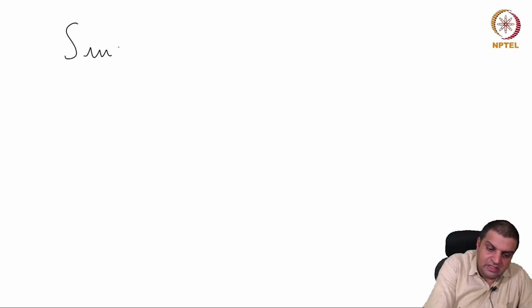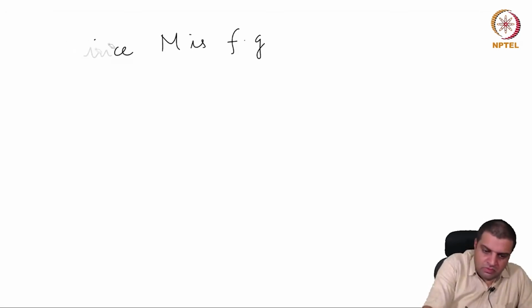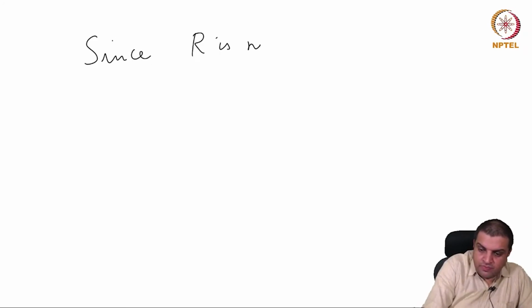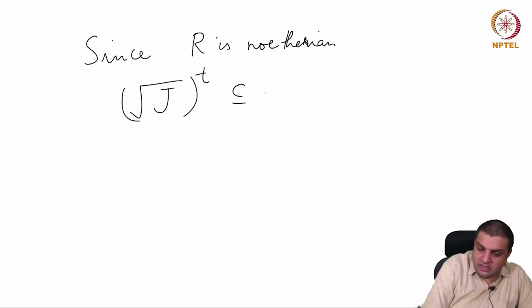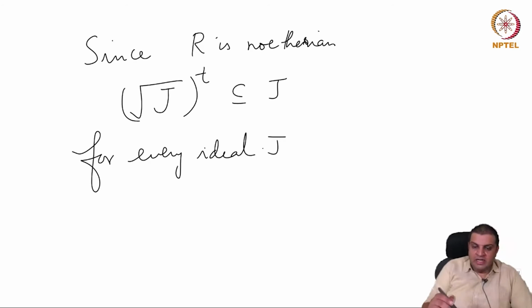Now we can observe the following. Since R is Noetherian, radical of J to the t is inside J for every ideal J. What one needs is that this ideal is finitely generated.